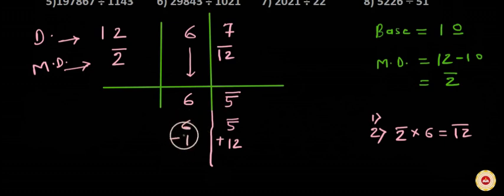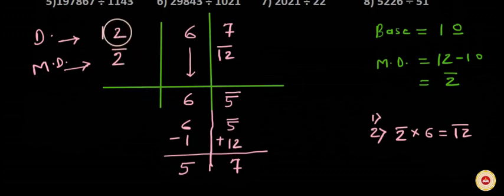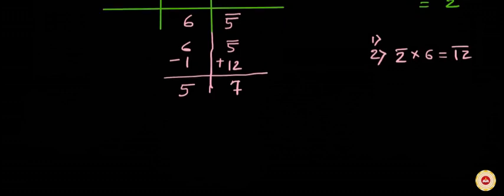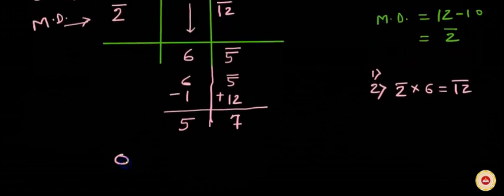So we have reduced the quotient by 1 and added the given divisor to the remainder. 6 minus 1 is 5. -5 plus 12, that means 12 minus 5 is 7. Now friends, the remainder is positive and less than the divisor 12. So let us stop our division process here and write the final answer. Quotient is 5 and remainder is 7.